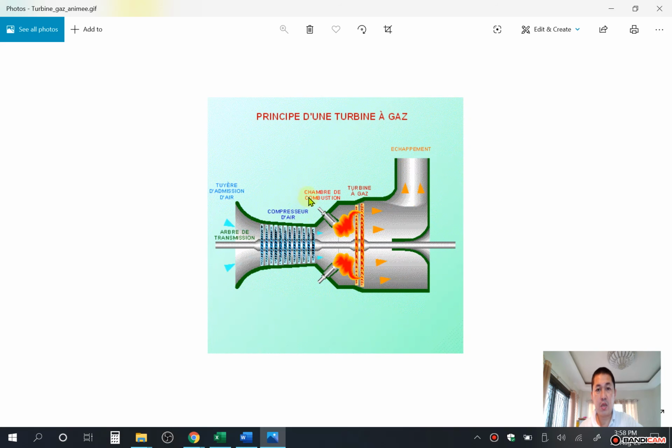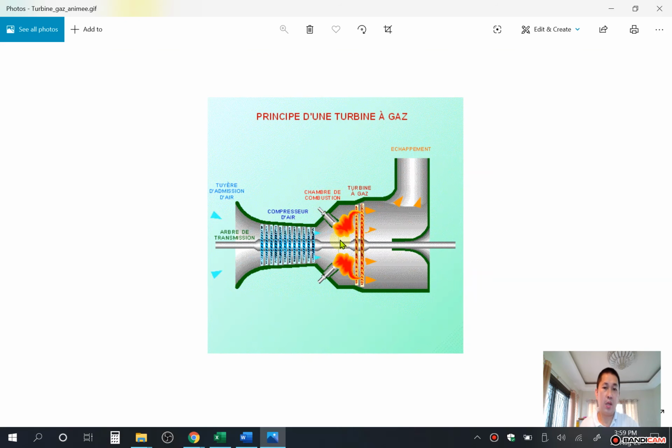So there is a so-called combustor, this one. So the combustor here delivers and ignites the fuel, in which the combustion happens inside here in the combustion chamber.